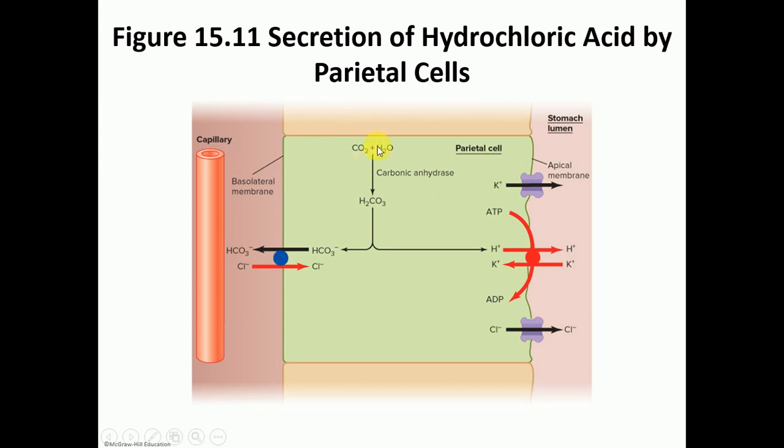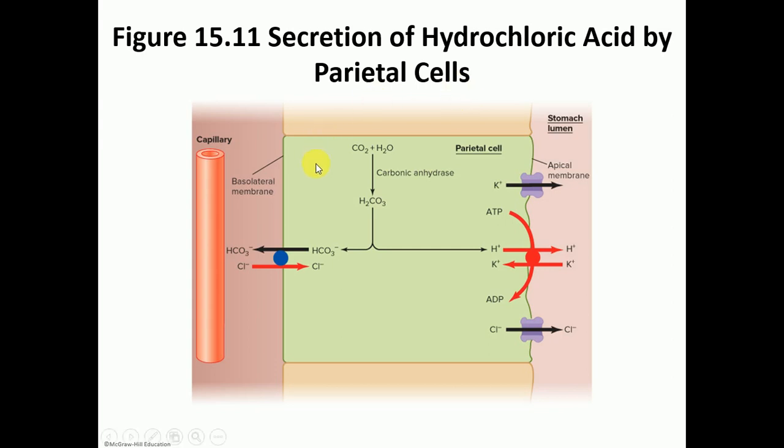So what it does, it takes carbon dioxide and water molecule and combines them to make carbonic acid, or H2CO3. That is done by an enzyme known as carbonic anhydrase. This reaction is going to haunt us several times in this chapter, and then it'll come back in the renal system and respiratory system as well.